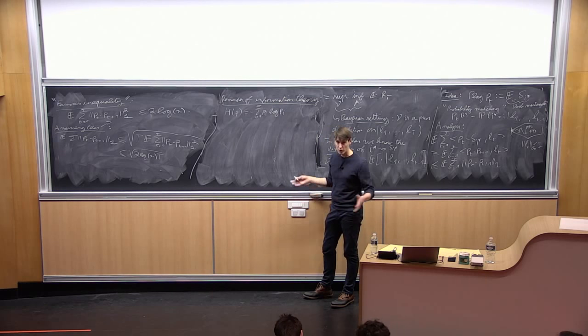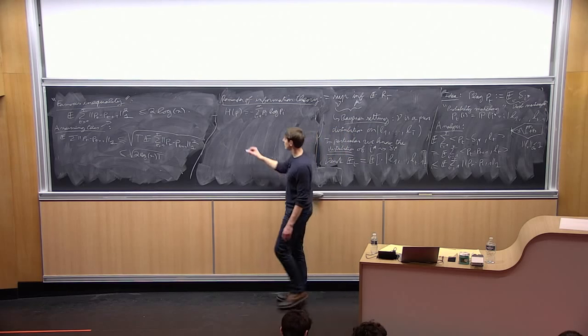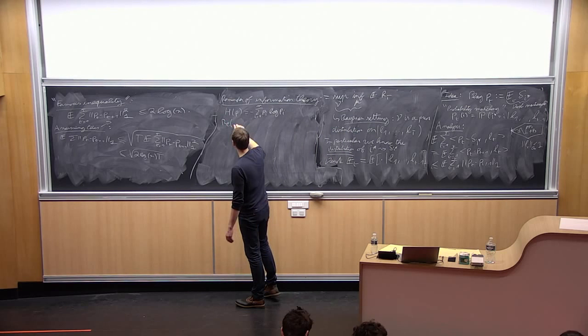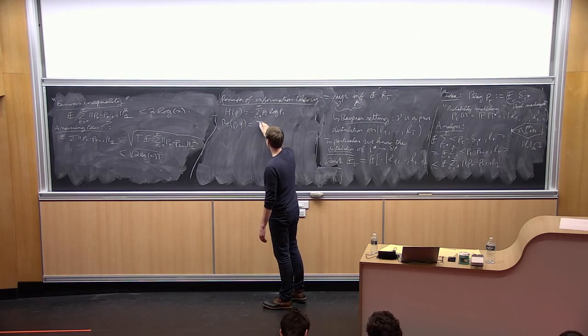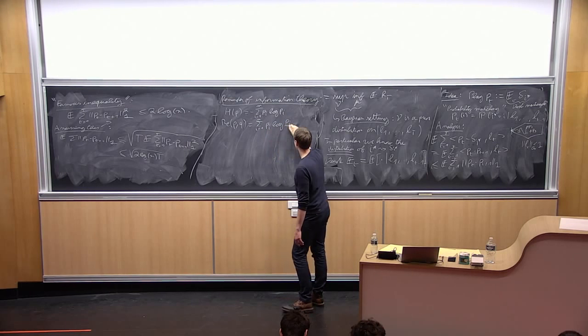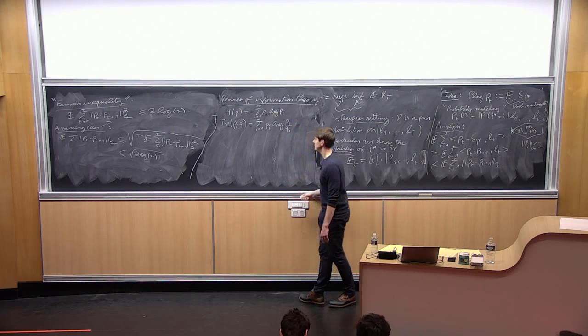Okay, this is the smallest expected length for a code that you can get to code your source distribution P. What is the relative entropy? The relative entropy between P and Q, it's the sum for I equals 1 to n of Pi log Pi over Qi.